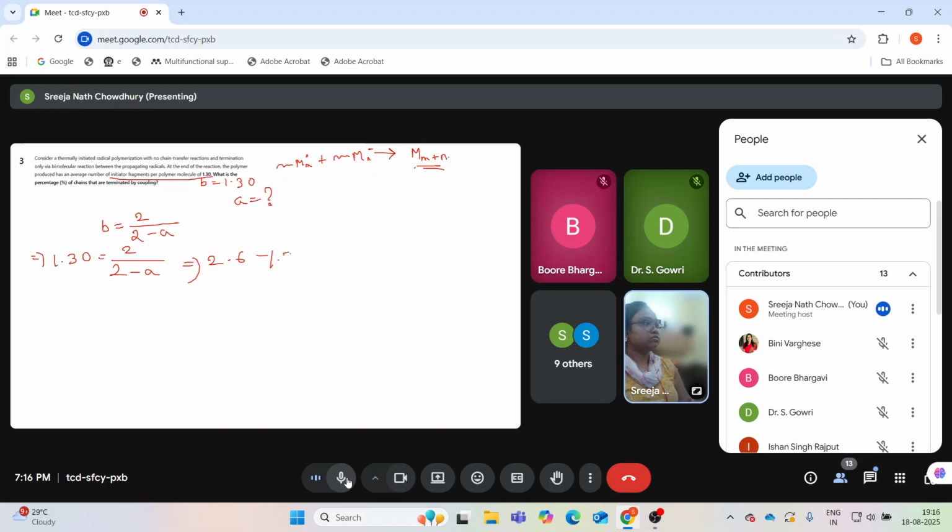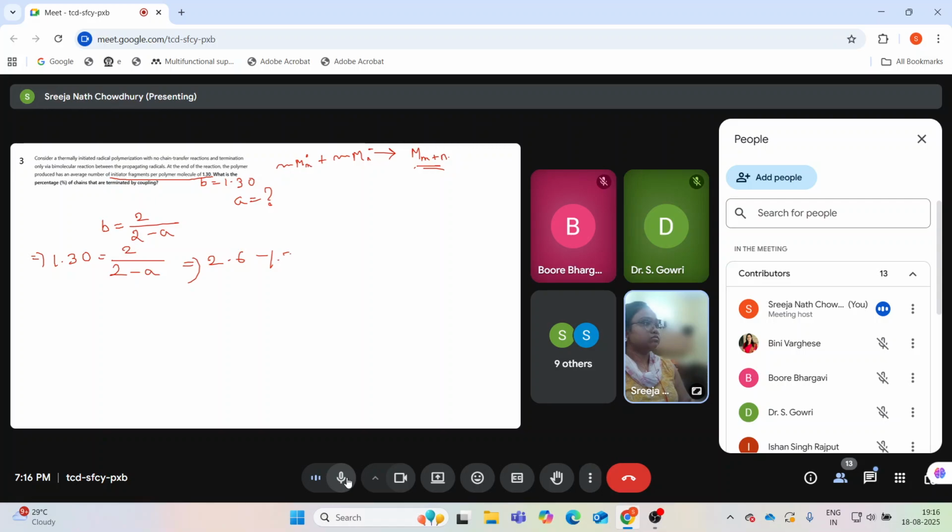So our main formula for nu will be Rp by Ri or Rt, whichever is preferred, equals Kp m divided by 2 Kt m dot. This is our formula for kinetic chain length.